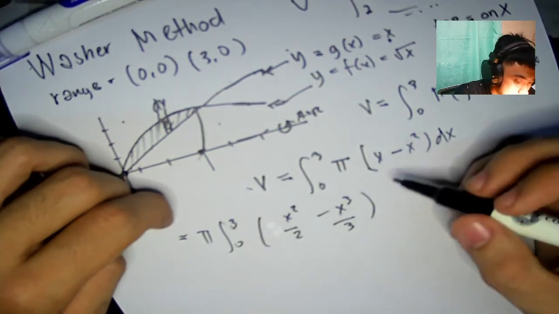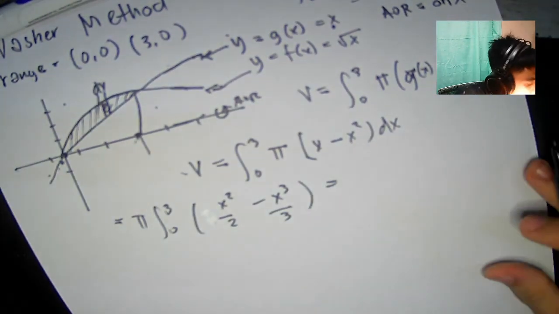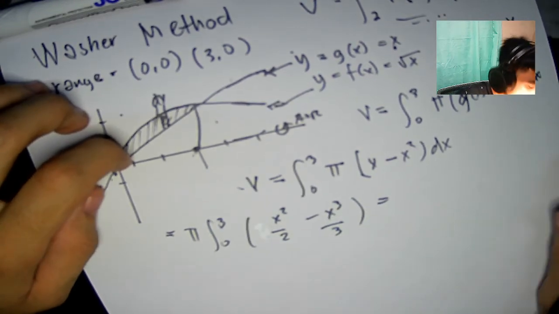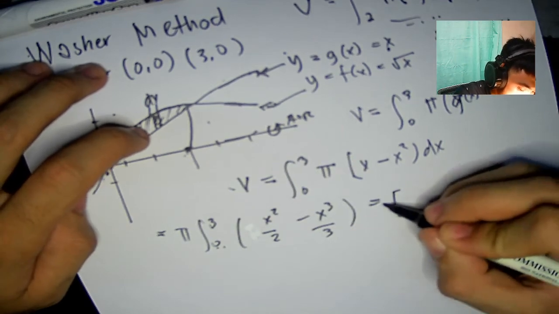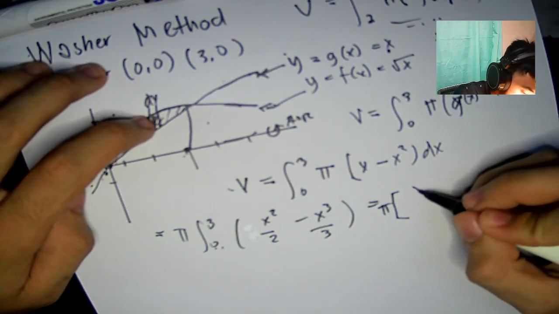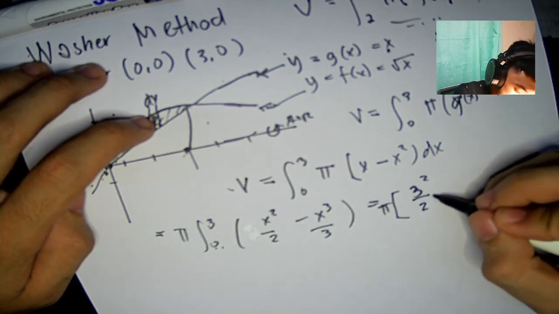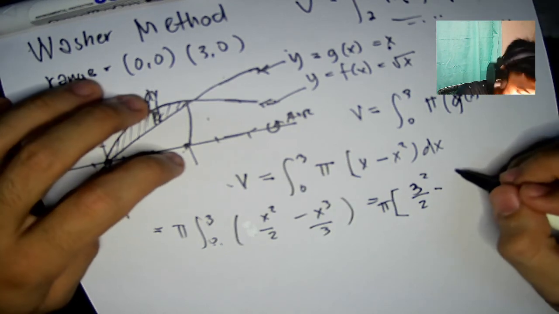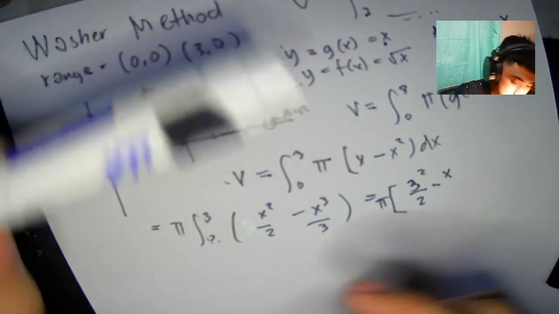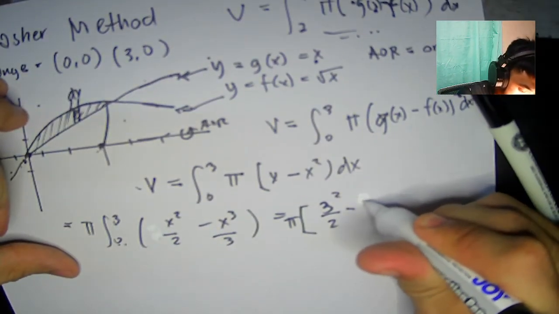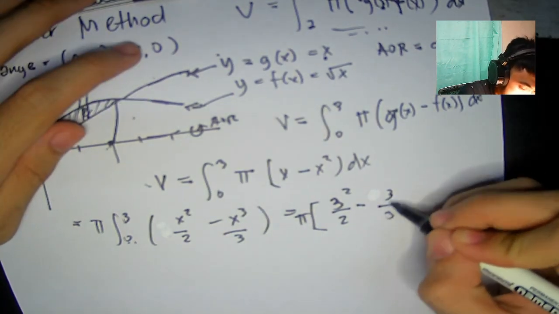We should have terminated this, but let's just put it there. Substituting 0 will result to 0, so let's just leave the lower limit. Let's just leave the pi. x should be 3 squared over 2 minus, I'm sorry, this should be 3, that would be 3 cubed over 3.